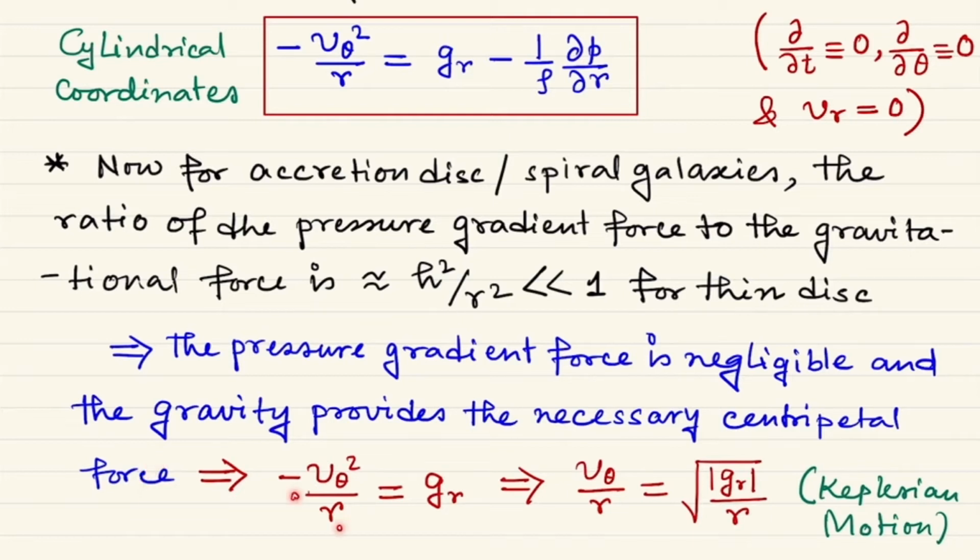Minus v theta square by r will be exactly equal to gr. If you divide both sides by r, it will be v theta square by r square is equal to gr by r. You also know that gr should be radially inward directed so that it is an attractive one. Otherwise there is no meaning of rotation in this case.